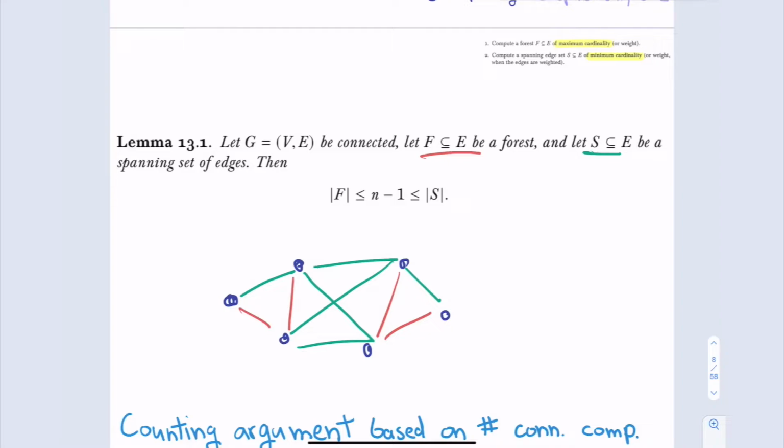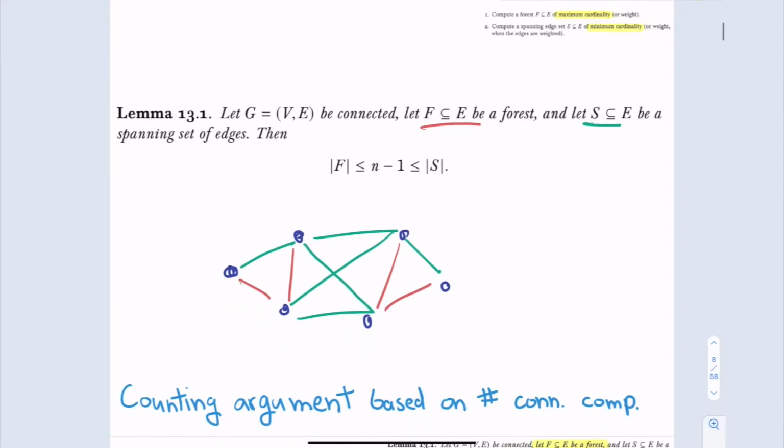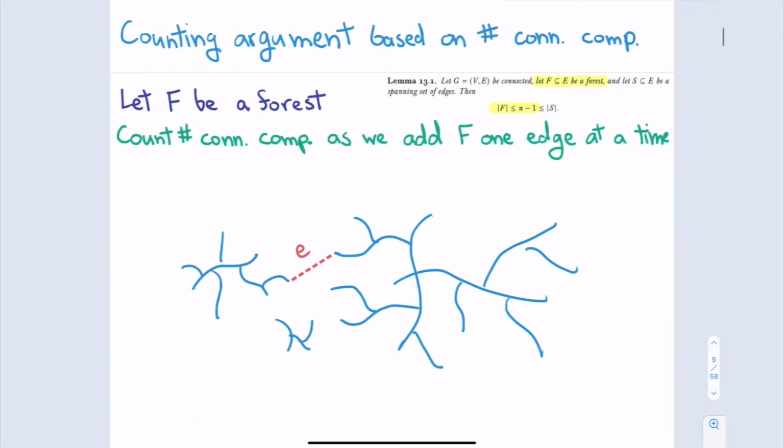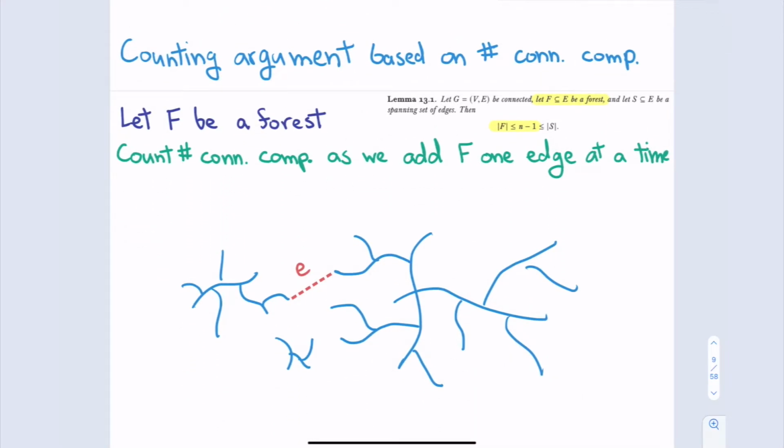And what's kind of interesting is that immediately we've now related the two problems by realizing that the size of any forest is bounded above by the size of any spanning set. Okay, so they kind of can't cross over, they limit one another. Okay, so here's sort of one approach. Okay, let me put this aside.